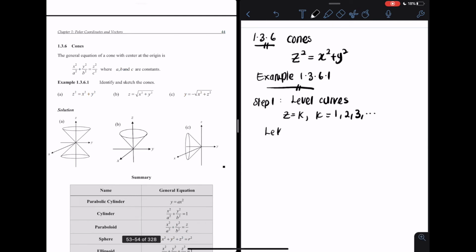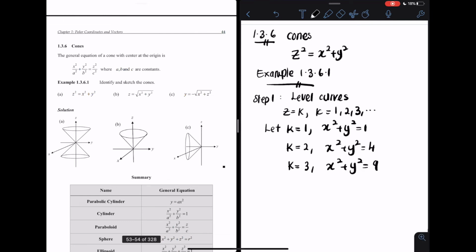Let k is equal to 1, x squared plus y squared is equal to 1. K is equal to 2, x squared plus y squared is equal to 4. K is equal to 3, x squared plus y squared is equal to 9.